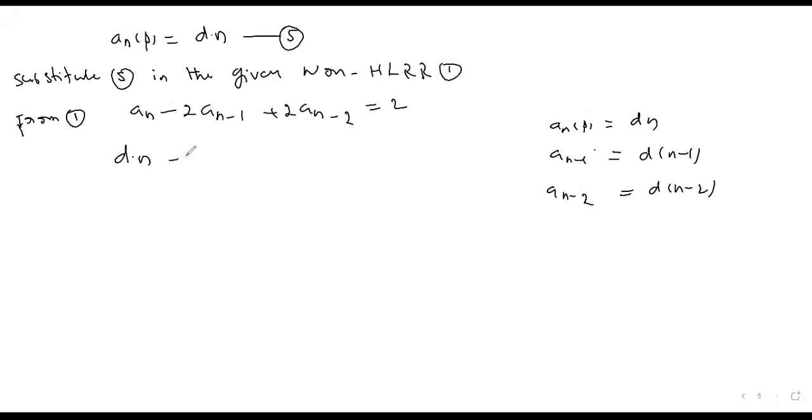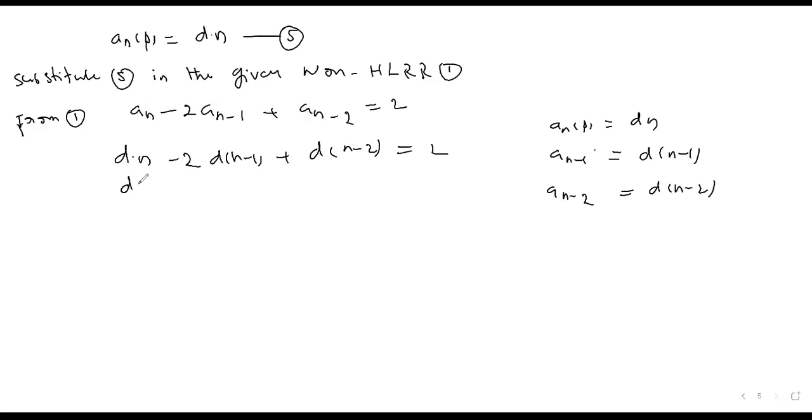An means Dn, minus 2 into An minus 1 means D into n minus 1, plus An minus 2, D into n minus 2, equals 2.